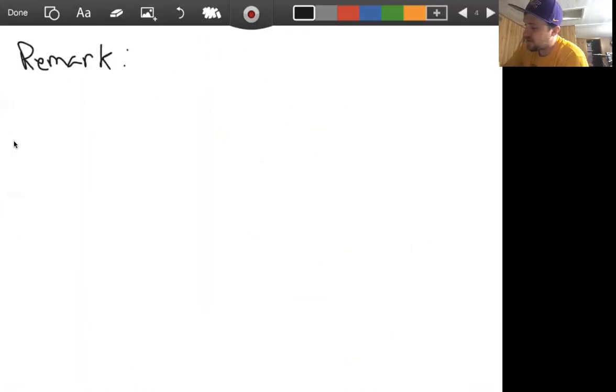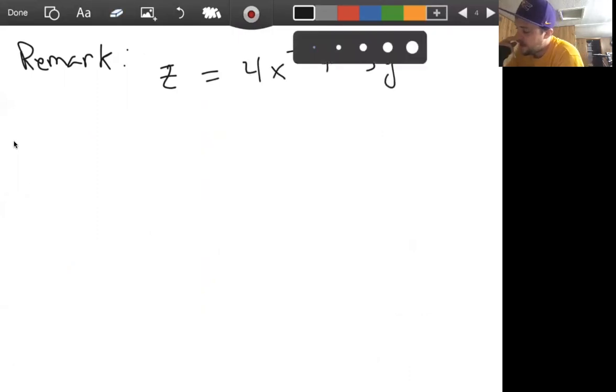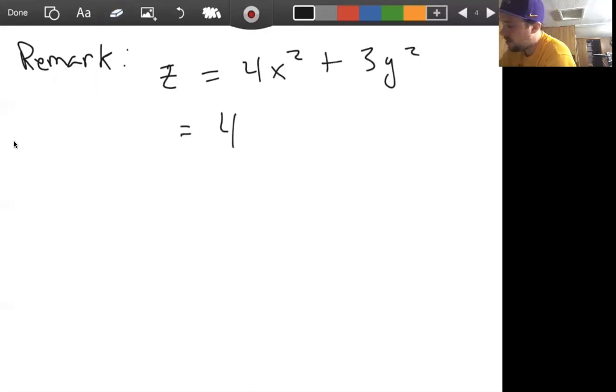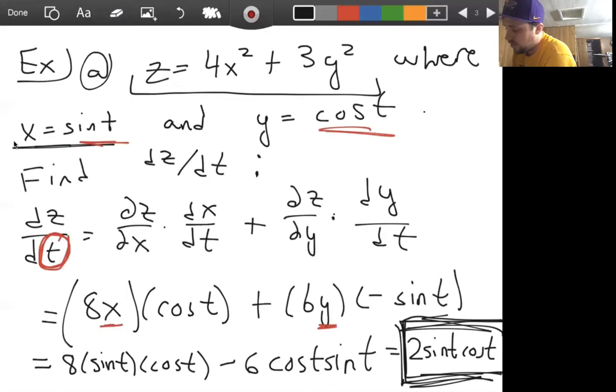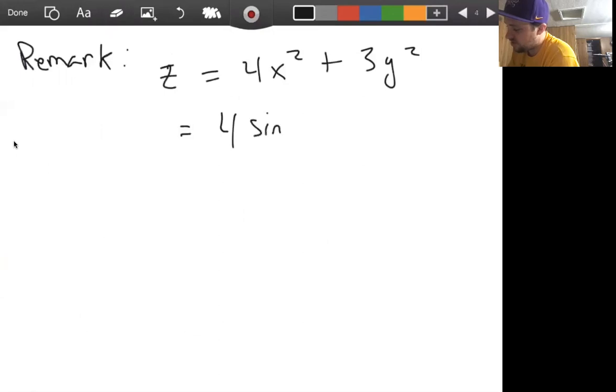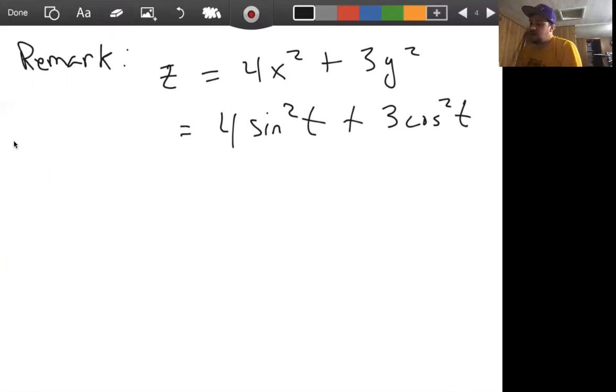Let's copy what we have: z equals 4x squared plus 3y squared. We know that x is sine t, so we have 4 times sine squared t, plus 3 times cosine squared t. We did the substitution first, and now we take the derivatives. What is dz/dt?